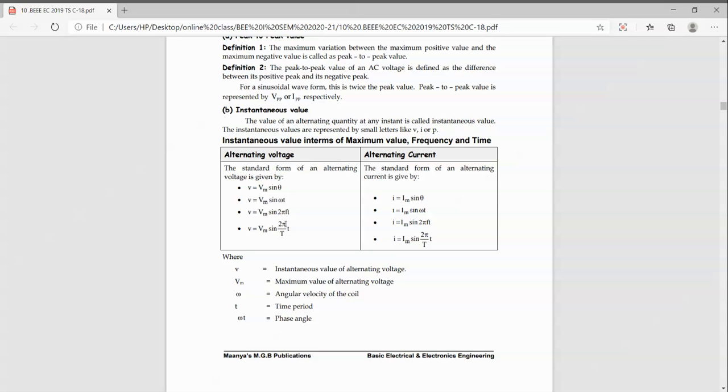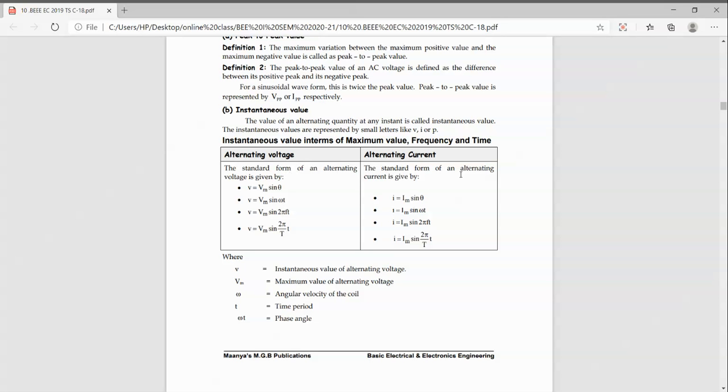And the frequency f can be written as 1 by T, so v is Vm sine 2 pi t by capital T. This is the standard form given to an alternating voltage.